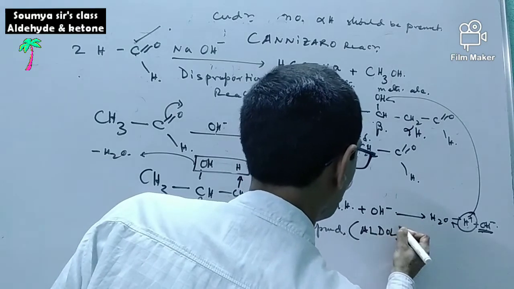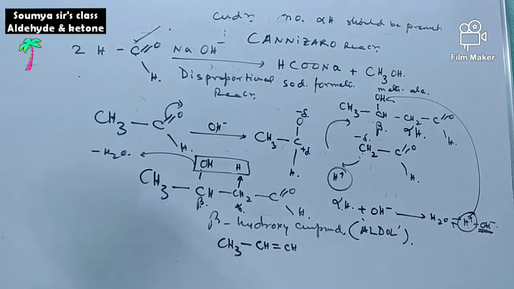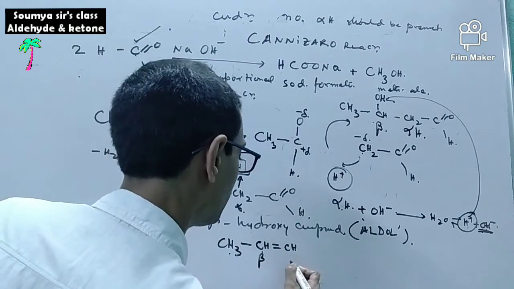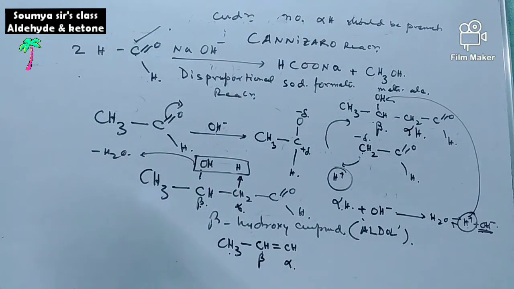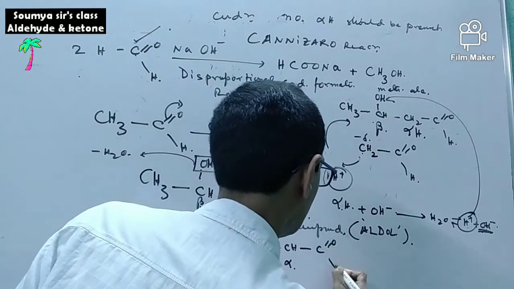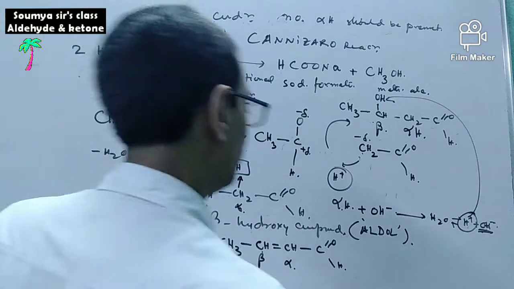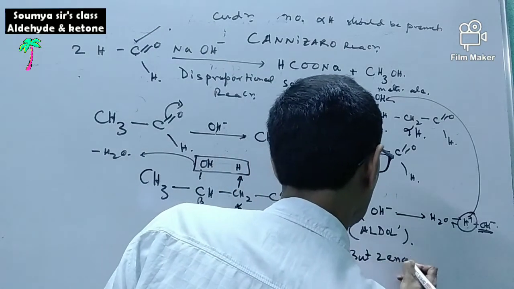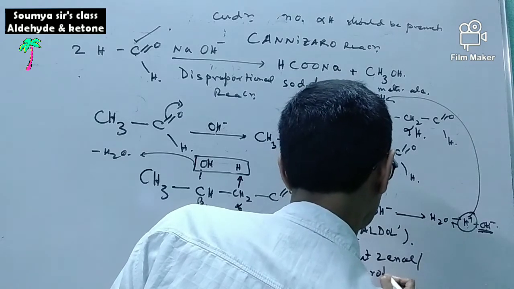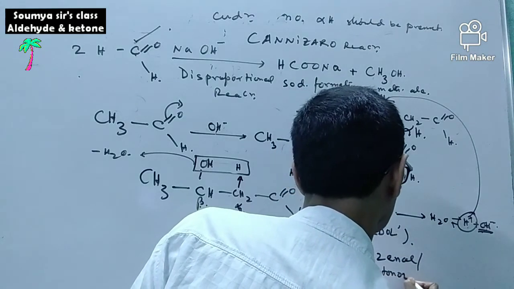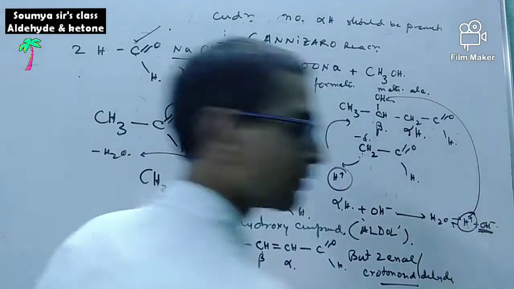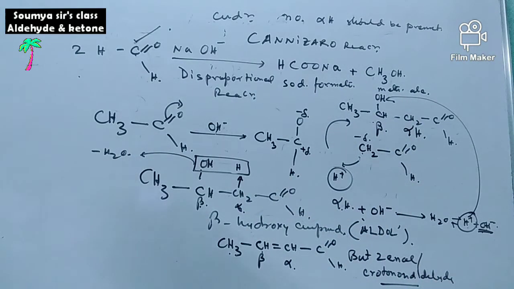Now aldol subsequently undergoes dehydration to form CH3CH=CHCHO. This is beta and this is alpha. So this is called an alpha beta unsaturated aldehyde, and technically this aldehyde is called butenal, or the general name is crotonaldehyde.